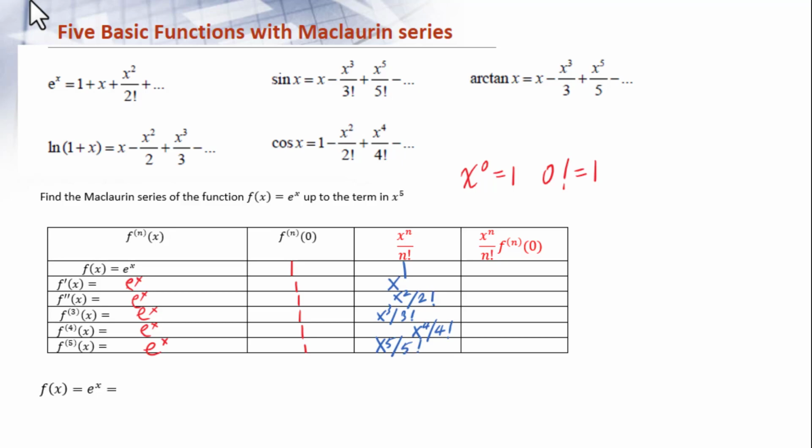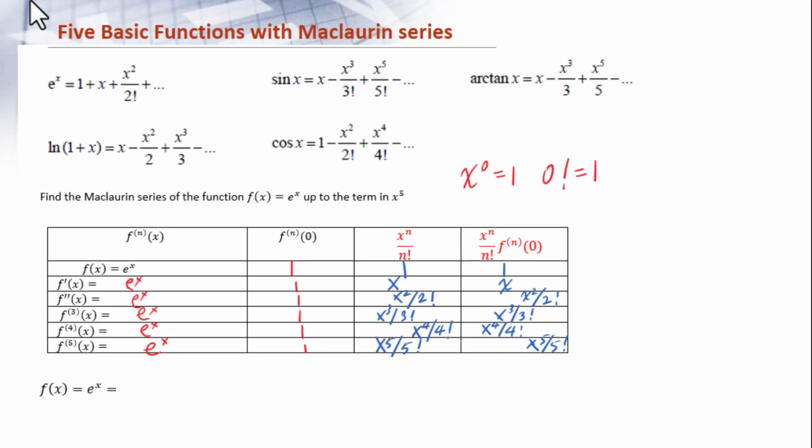Then we do multiplication: 1, x, x squared over 2 factorial, x third power over 3 factorial, x fourth power over 4 factorial, x fifth power over 5 factorial.